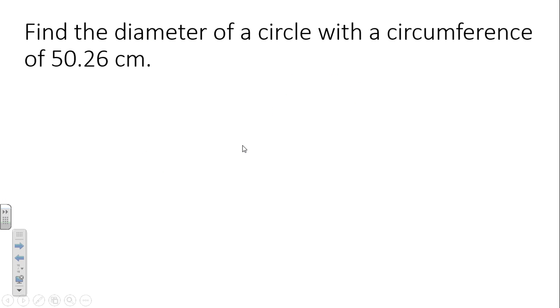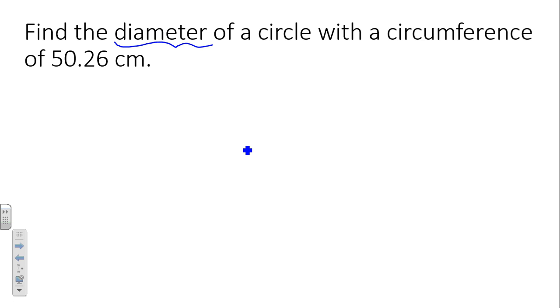All right, next one. Now we want you to find the diameter of a circle that has a given circumference. So which of the two formulas are we going to use? Pi d. This one makes more sense to use pi d because we are trying to find the diameter.